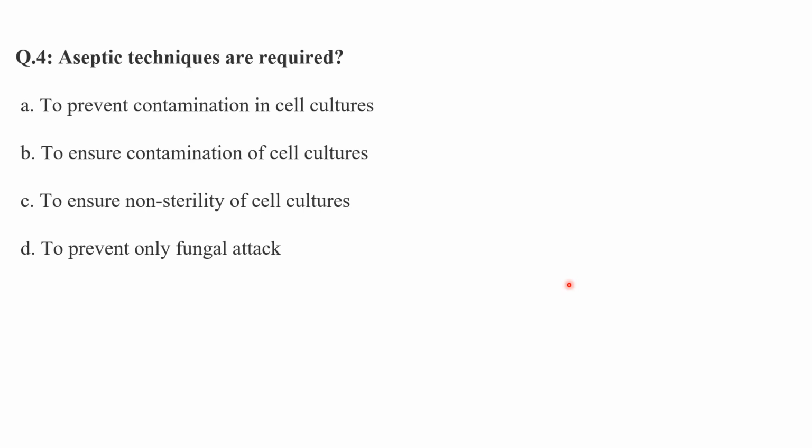The next question is: aseptic techniques are required. Why do we need aseptic techniques? If you have worked in cell culture, you may know that the cell culture room is very well maintained so that aseptic techniques, or sterility, are maintained. Laminar hoods or biosafety cabinet type hoods are used in cell culture to prevent air from outside from going into the working area.